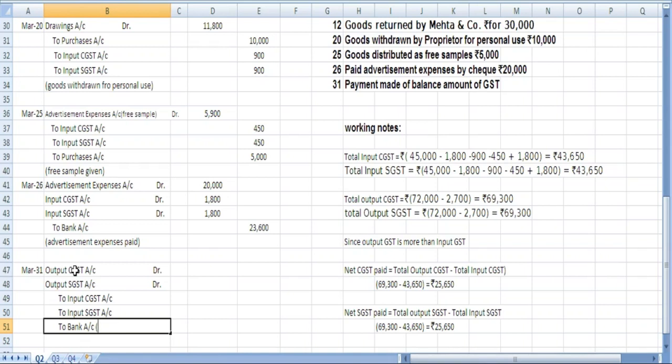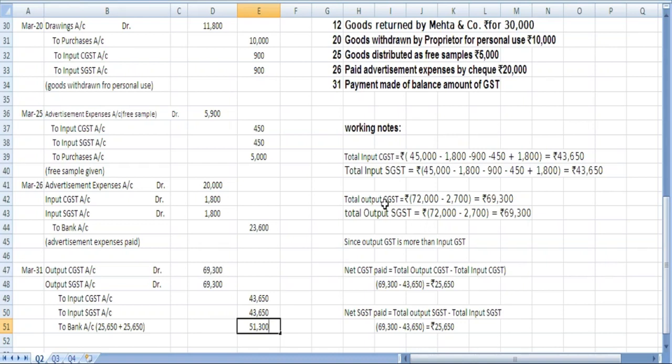Here the balance paid will be 25,650 plus 25,650. Here the output CGST was 69,300, the input was 43,650, and when we add these two it will come as 51,300. Okay, so we are done with the question.